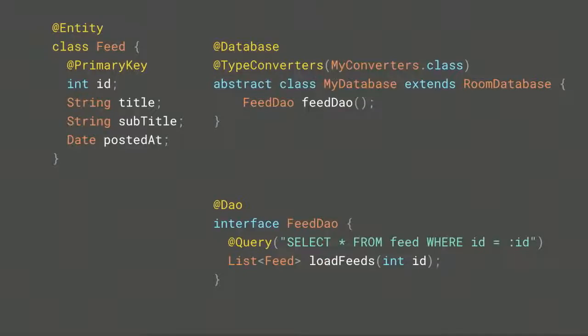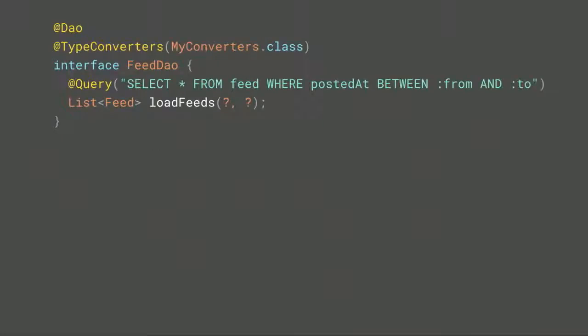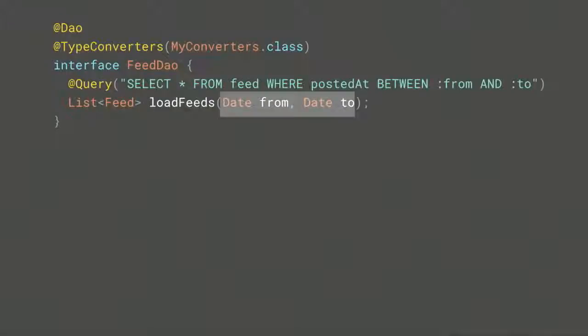Now with this, we can write a query that finds the list of all the feeds that were posted between 2 specific dates, from and to. So here, since we are accessing the from and to fields or columns in the database that are defined as long when the database table is created, you don't really want to use long as the implementation detail.